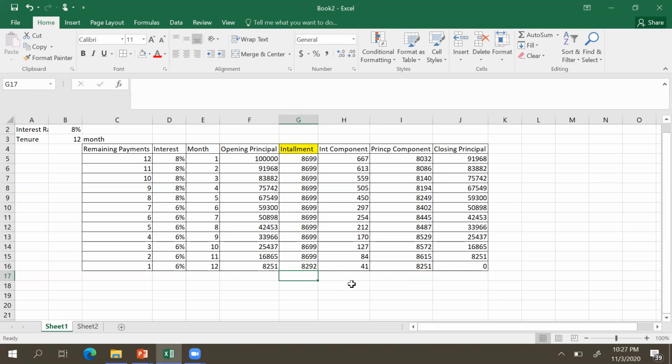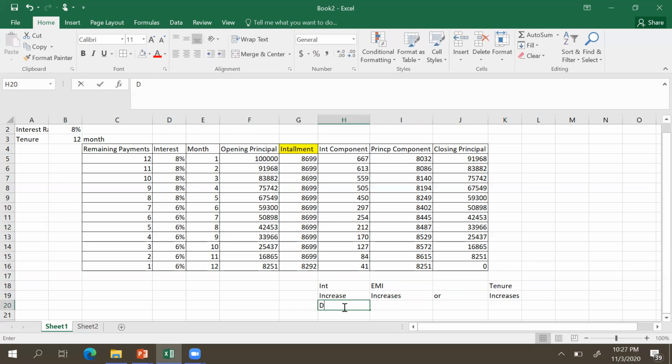So here what I want to say is that if the interest rate increases, then your EMI increases, or your tenure increases.